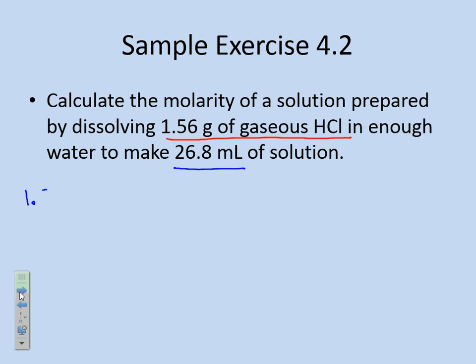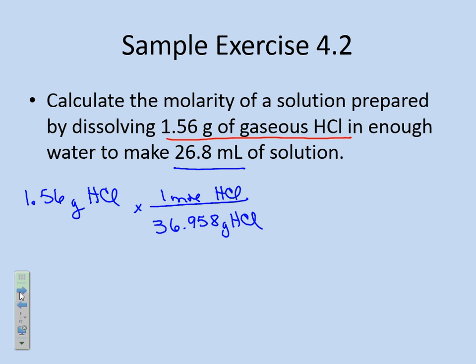So starting with 1.56 grams of HCl times 1 mole of HCl over 36.458 grams of HCl. So just the molar mass. It's a small amount. We should have a small number of moles. It's 0.04279. Again, just add a couple of extra sig figs if you are truly writing it down, or keep it in your calculator.